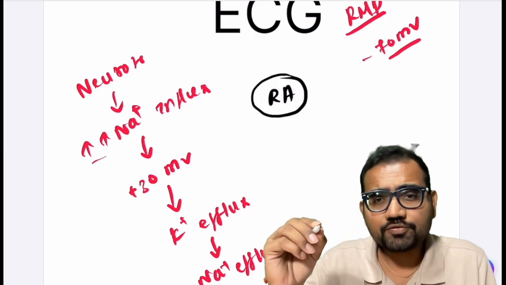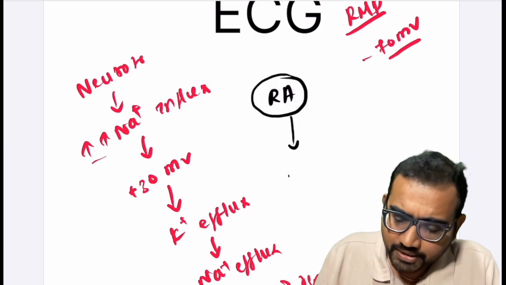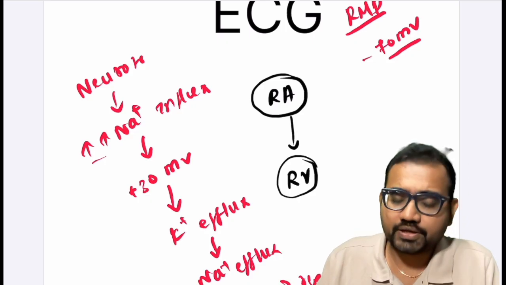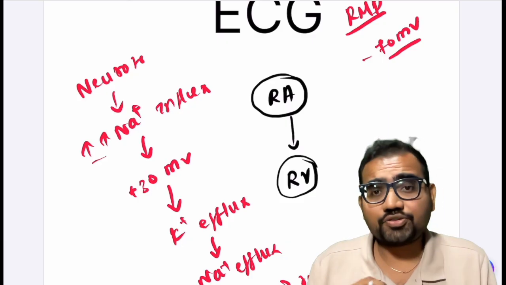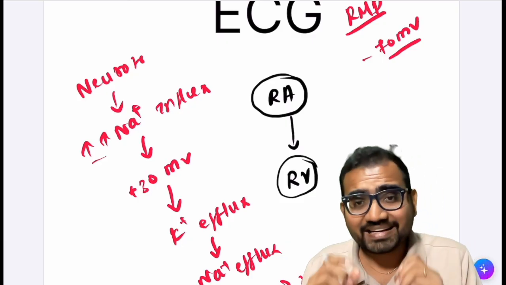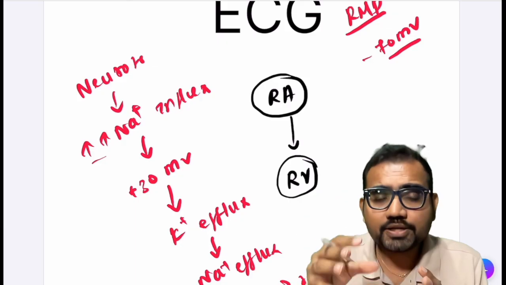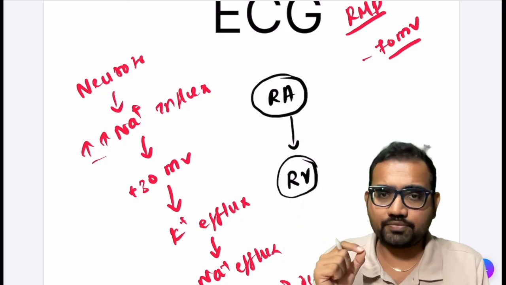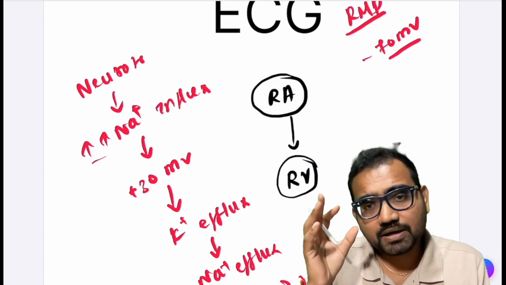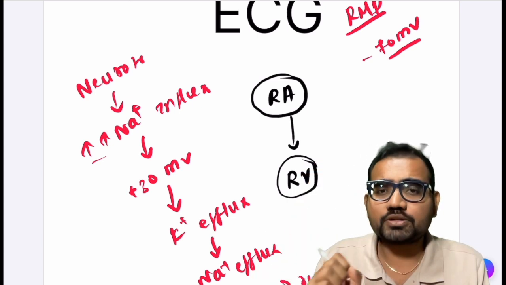It receives the blood from the superior and inferior vena cava. It has to push the blood into the right ventricle, isn't it? So the right atrium should contract so that the blood is pushed into the right ventricle. Of course there will be passive filling of the right ventricle, but once the complete contraction takes place, the entire blood is pumped into the right ventricle.